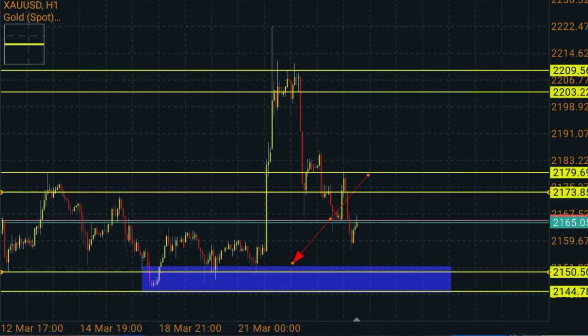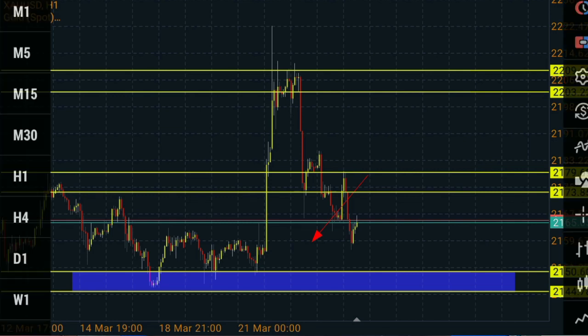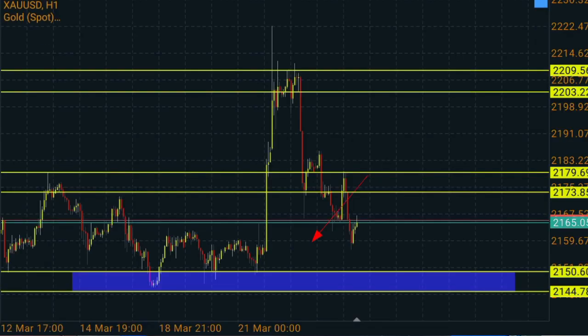Yeah, so I'm going to still dive it to this place. So it's here I will be expecting any buy in this zone. This zone.